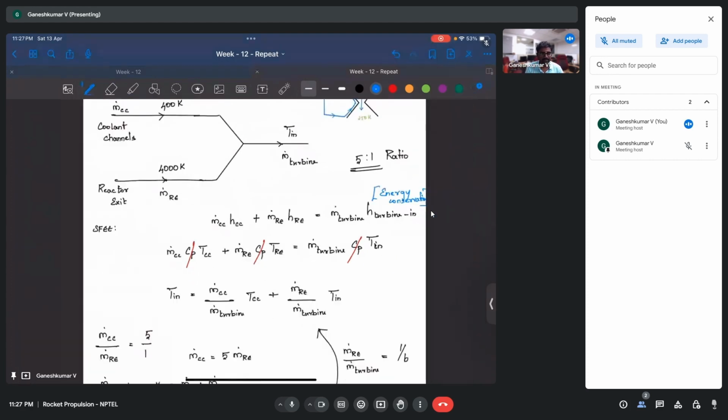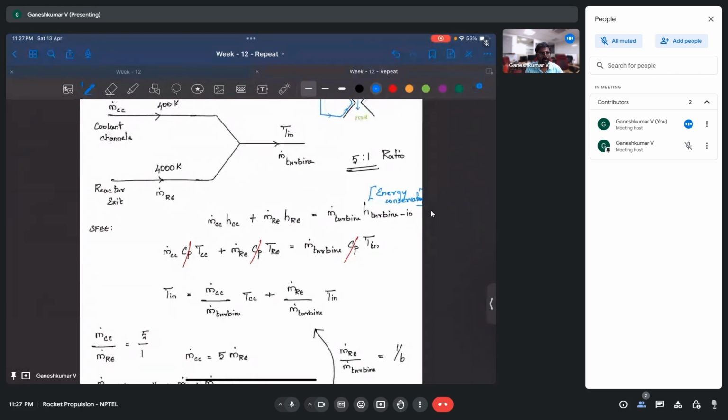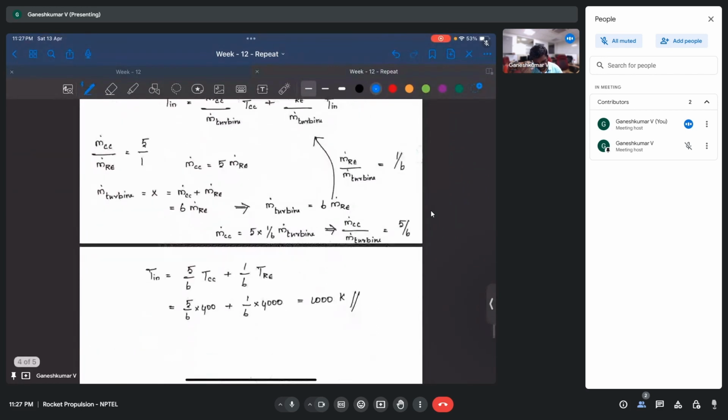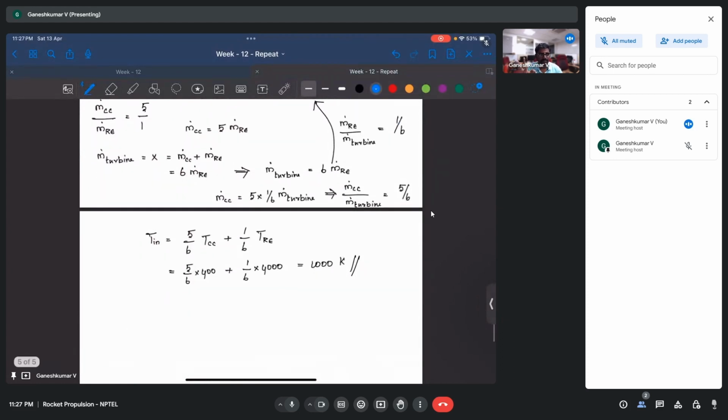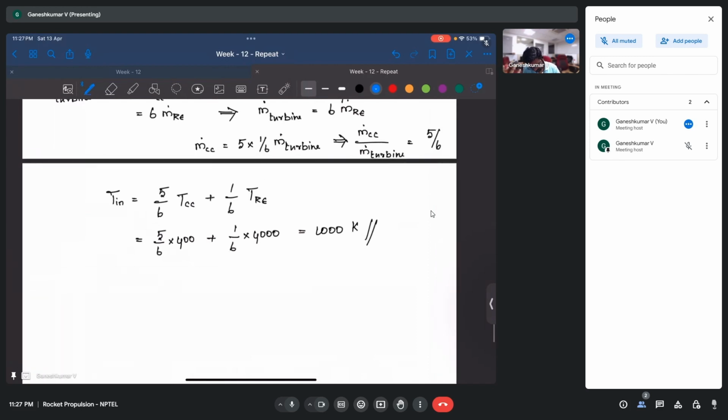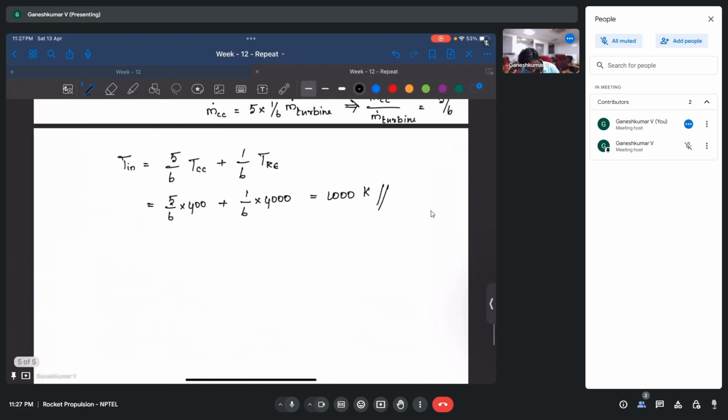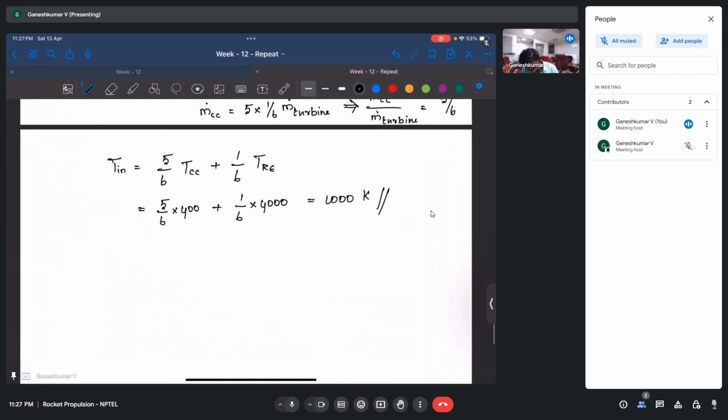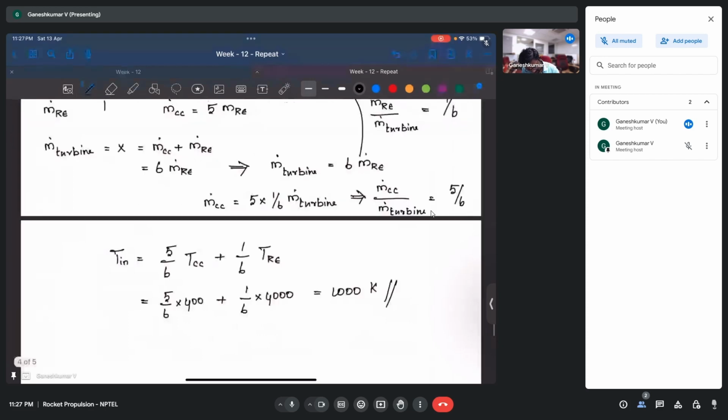One is mass conservation, energy conservation, and then you also have momentum conservation in fluid mechanics. Only these three principles are enough to solve most of the problems you will face. So we used energy conservation to find the T in.